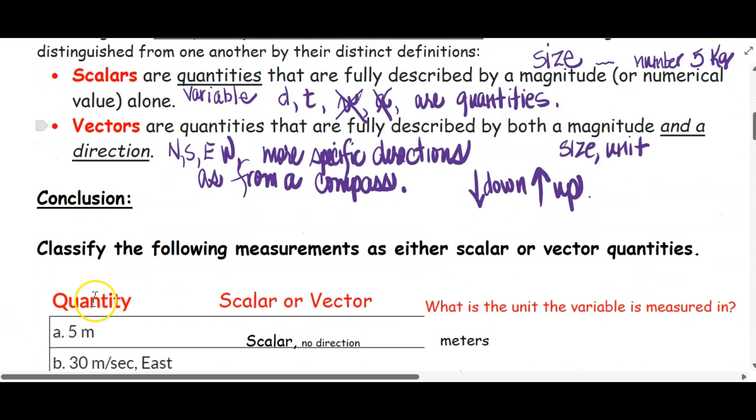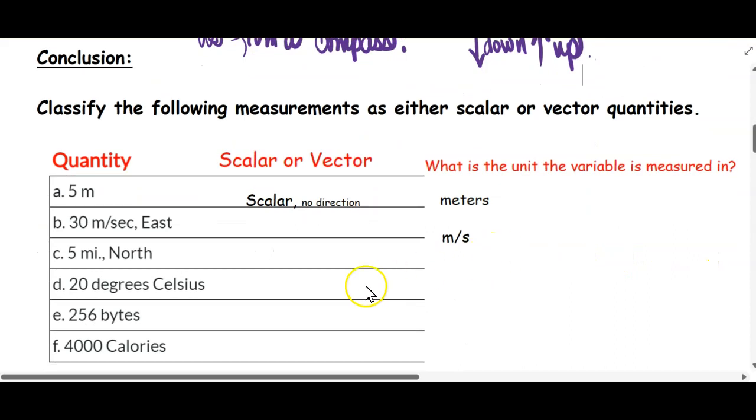All right, so conclusion. Classify the following measurements as either scalar or vector quantities. So, I did the first one for you. It says 5 meters. M stands for meter, as we probably remember from our vector course.